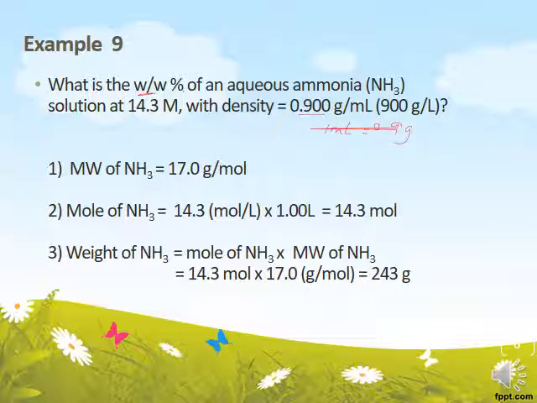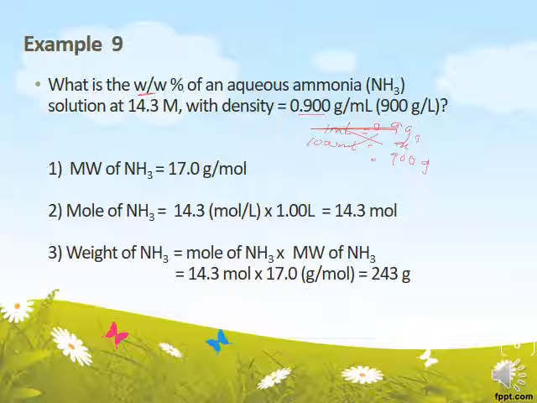So what is the amount if the volume is 1000 mil, or equivalent to 1 liter? You do cross multiplication, so we get 900 gram.